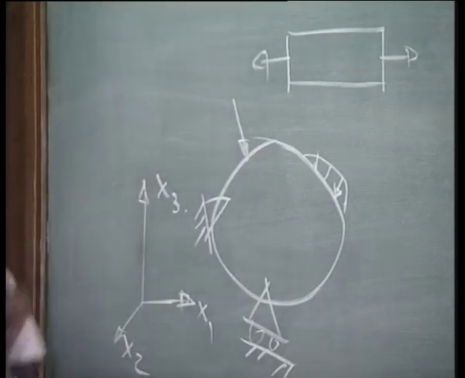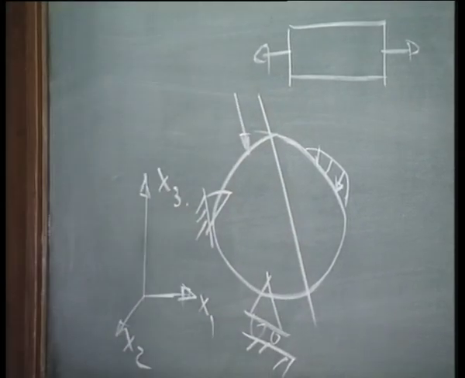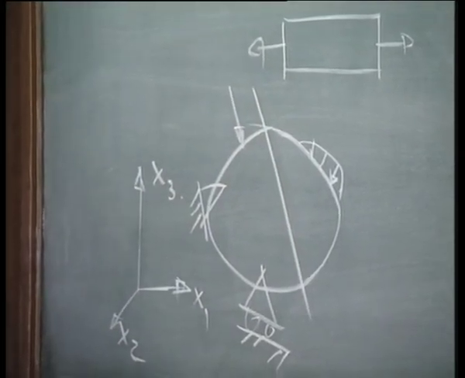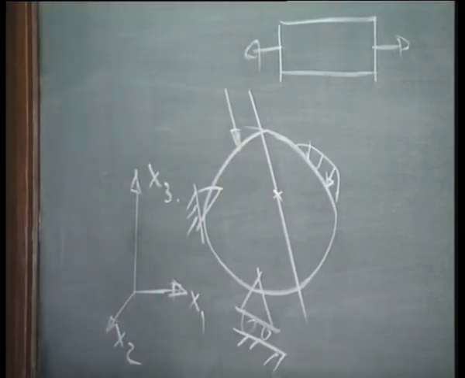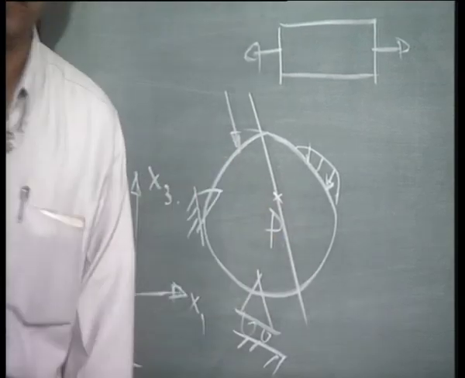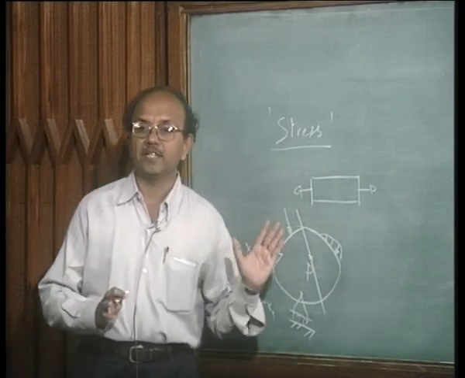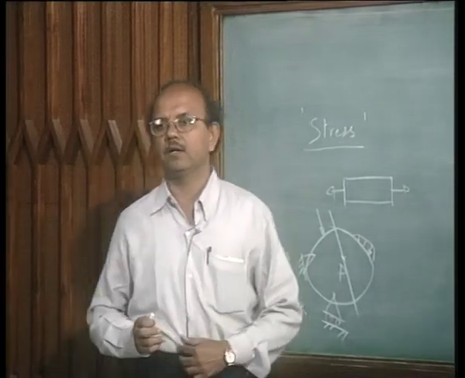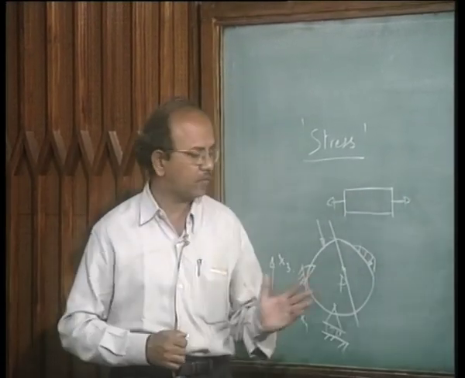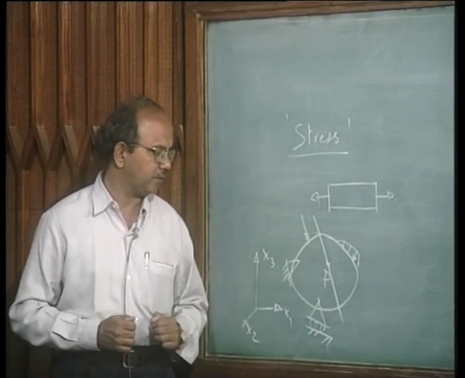Now let us take this body out and cut it by an imaginary plane. Our interest is to define the stress at, say, a point P. Is that clear? Why are we interested in a point P? Remember, when you saw our results, you saw a lot of colors there. In other words, stress was defined throughout the volume of the body.